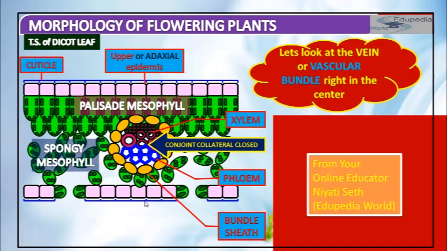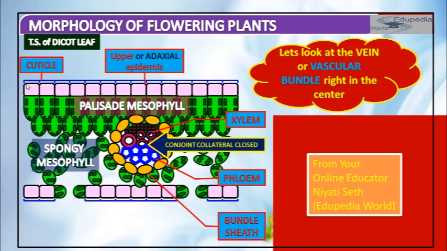Epidermis is in two layers, one on each surface of the leaf, and both layers are composed of compactly arranged barrel shaped cells, parenchymatous in nature. Intercellular spaces are absent in it.